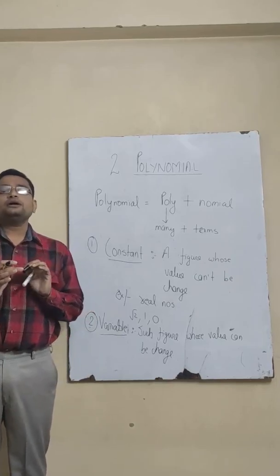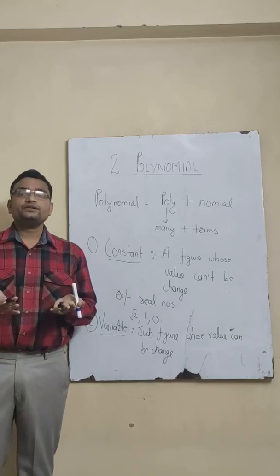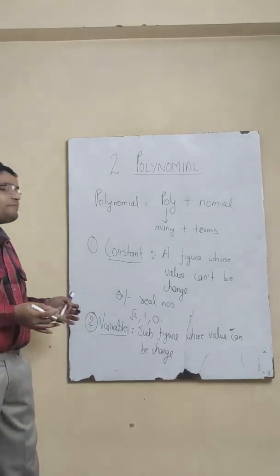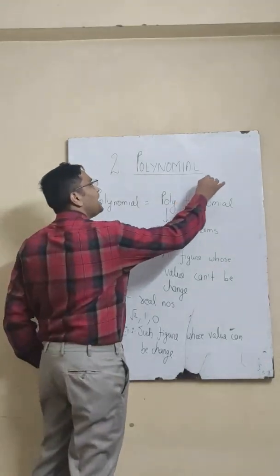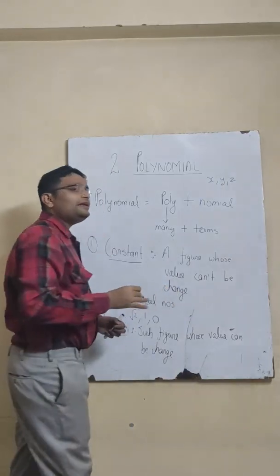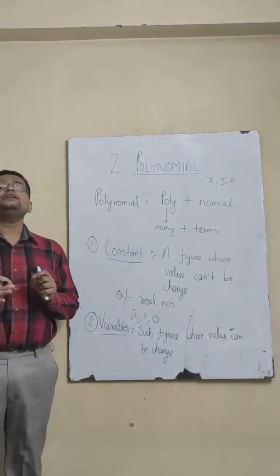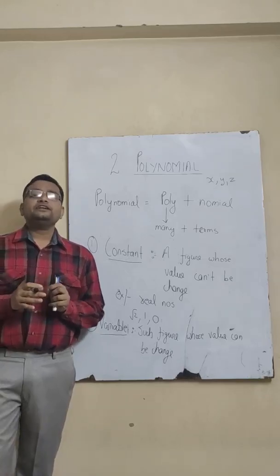That means x is such a term which can be anything, isn't it? So in maths, generally we take the variable as x, y, z, or any small English alphabet can be taken as a variable.